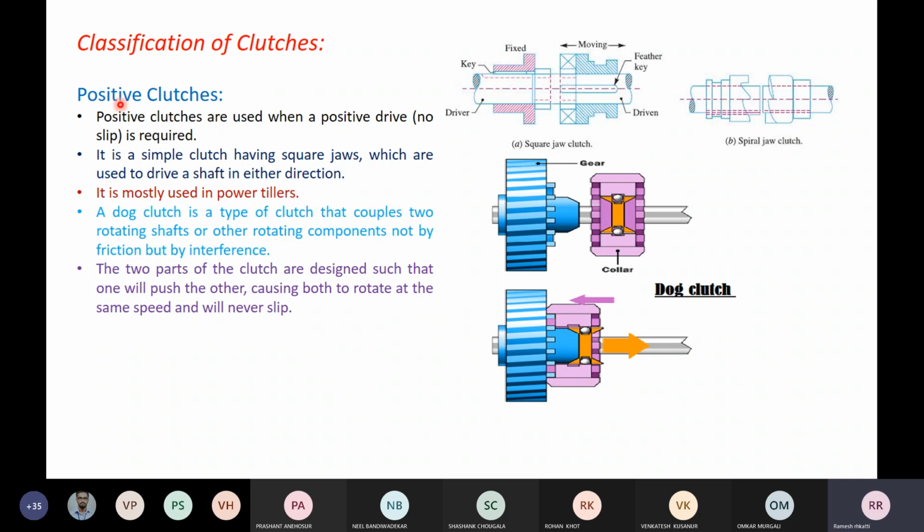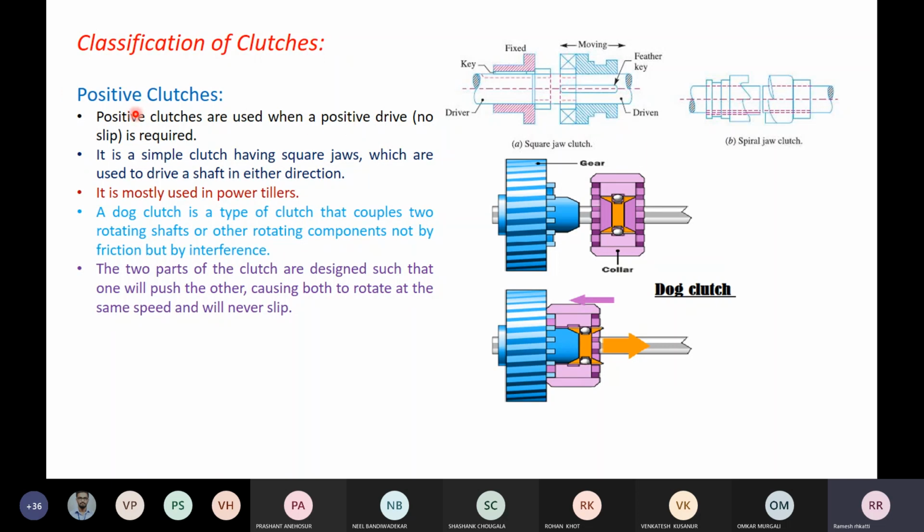As the name indicates, positive clutches are used when a positive drive is required. What do we mean by a positive drive? It means where there is no slip. For example, if you use a belt drive, there is a possibility of slip, whereas a chain drive we call a positive drive.